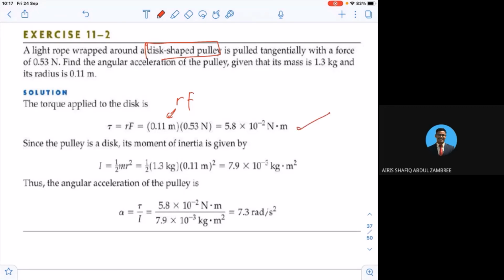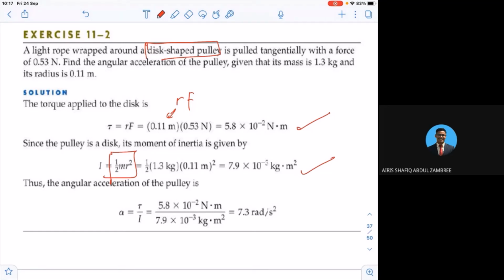Because the pulley is this shape, its moment of inertia is half m r squared, so you will get 7.9 times 10 to the power of -3 kg m squared.